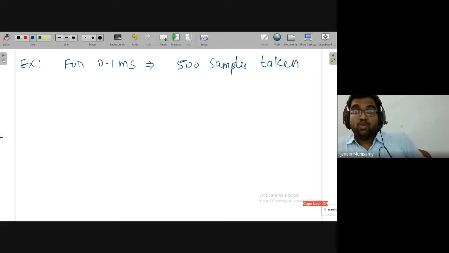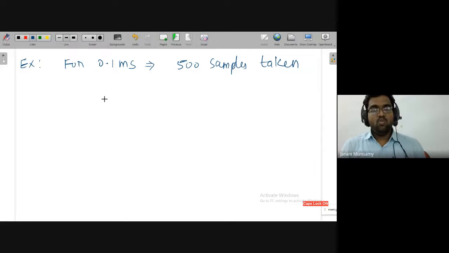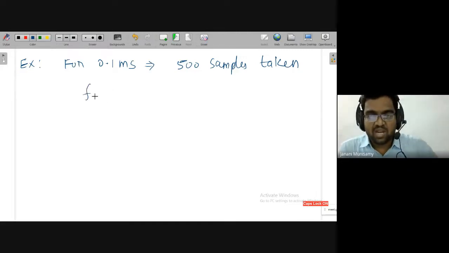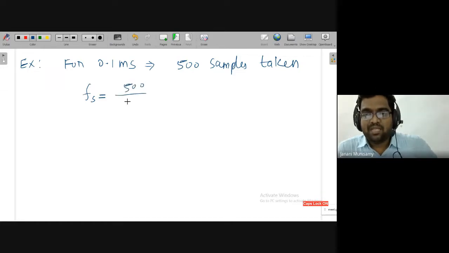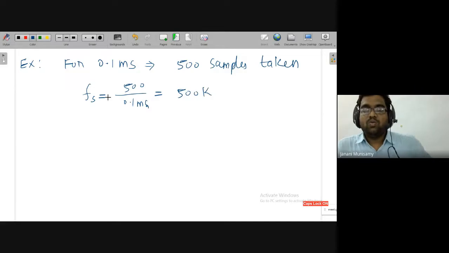They gave 0.1 millisecond, with 500 samples taken. Then in 1 second, how many samples will be taken? What is the sampling frequency? Very simple. If you do this operation, you will get 500K. So per second, 500K samples will be taken.